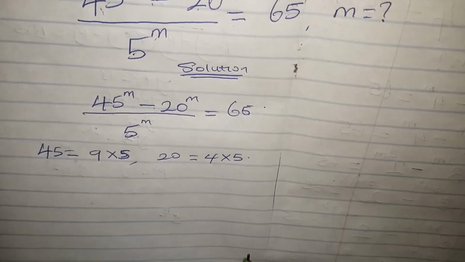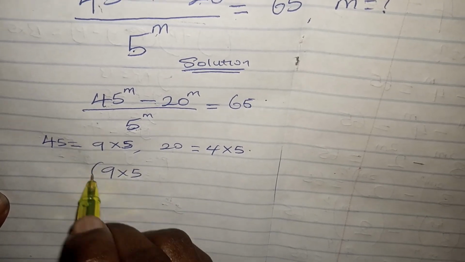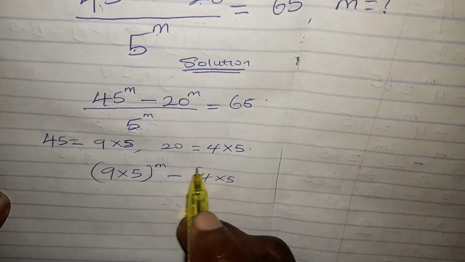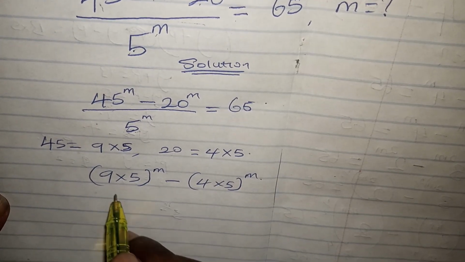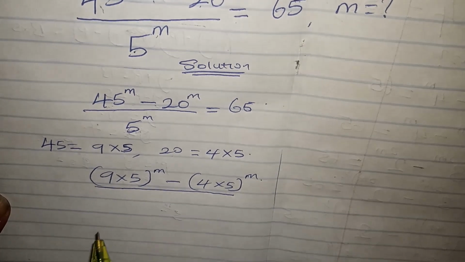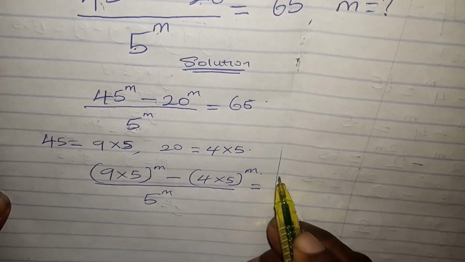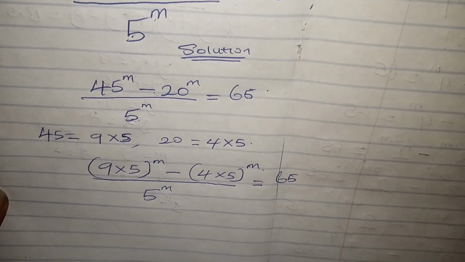Simplifying further, we have (9 times 5) to the power of m minus (4 times 5) to the power of m, divided by 5 to the power of m, is equal to 65.